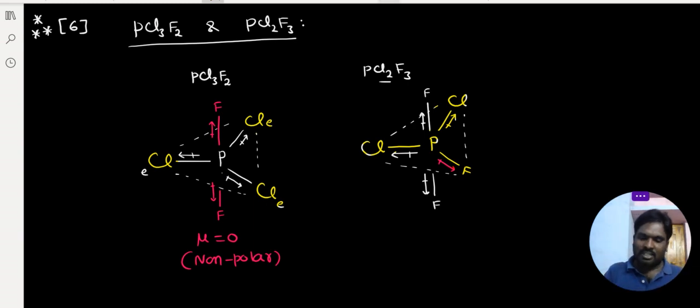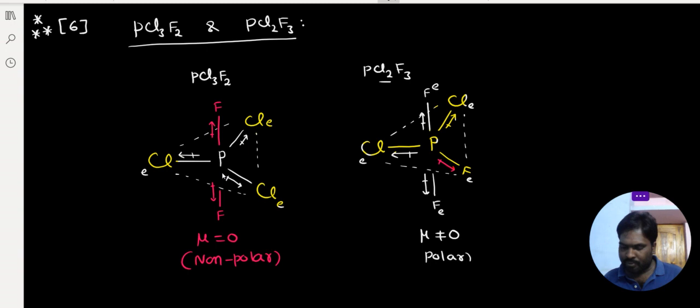Axial, above and below, cancelled, no doubt at all. But equatorial bond polarity is different. That's why here mu is not equal to 0, which means polar. So PCl2F3 is polar and PCl3F2 is non-polar. Very, very important application.